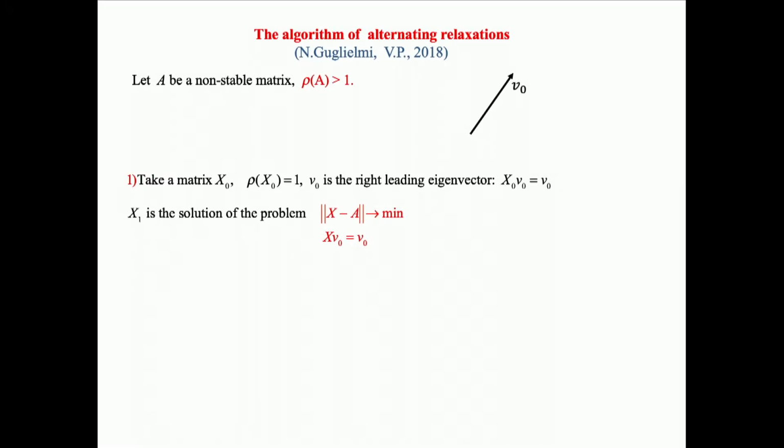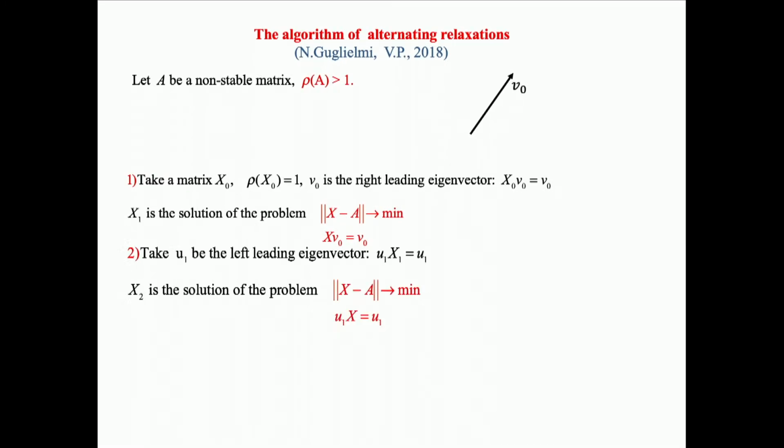Well, this matrix actually has two eigenvectors, one on the left and one on the right. And this was the right eigenvector. Let's try now to fix the left eigenvector and multiply by the left eigenvector. So this matrix has a non-negative eigenvector, and it has the invariant hyperplane.